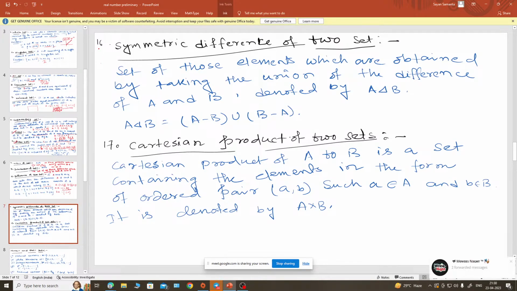So what is the symmetric difference of two sets? The symmetric difference of two sets is the set of those elements which are obtained by taking the union of the difference of A and B, that is A minus B, and the difference of B and A, that is B minus A. So that means A minus B union B minus A, and it is denoted by A delta B.